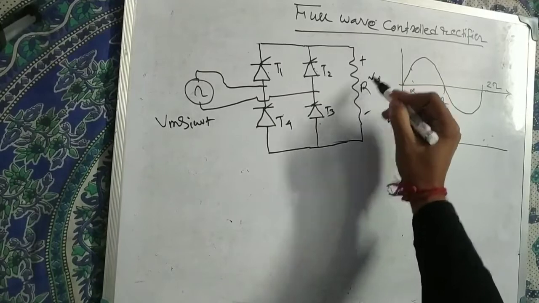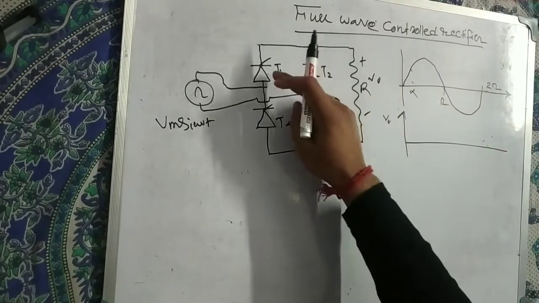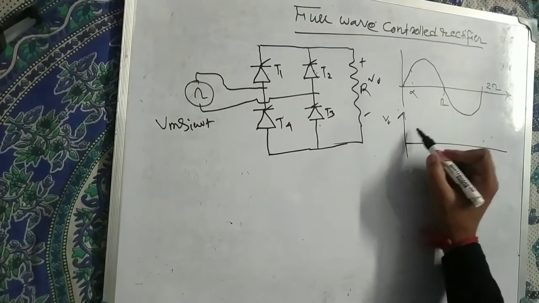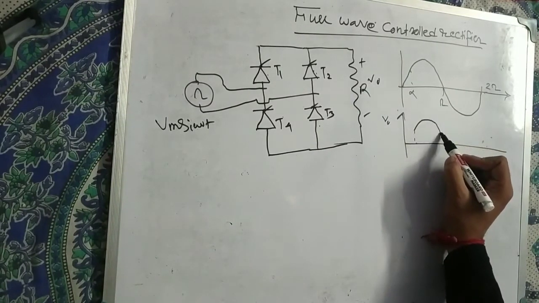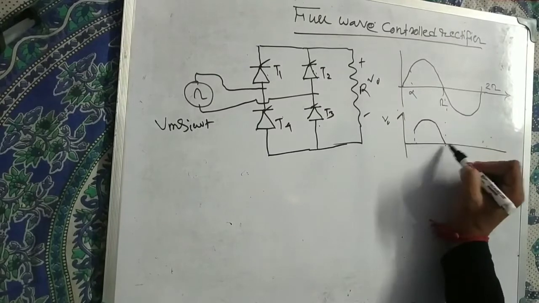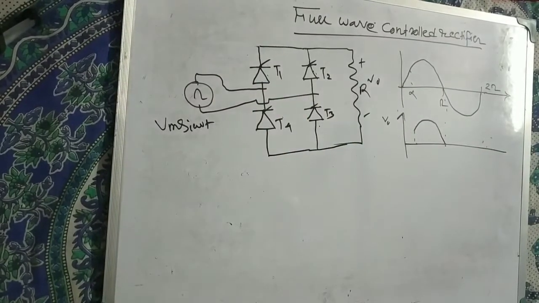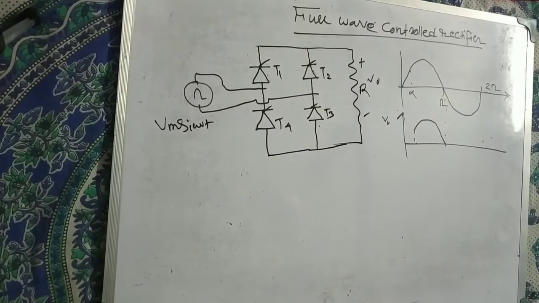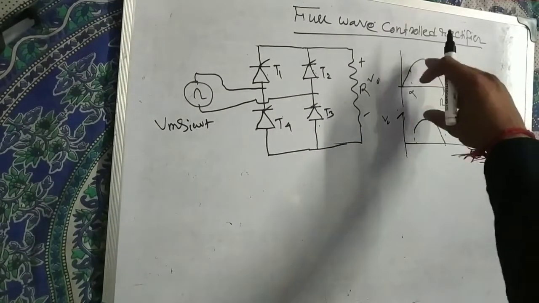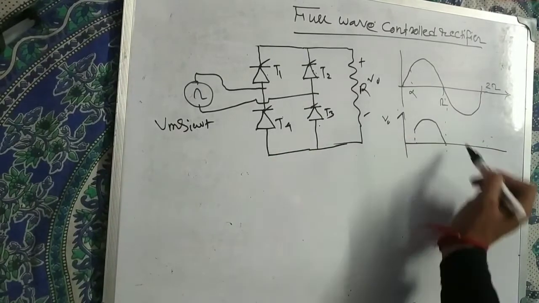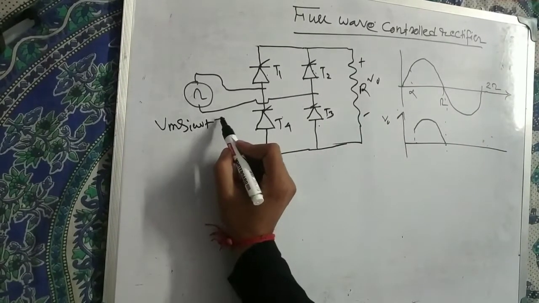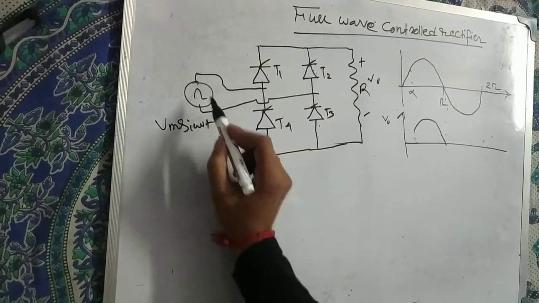So at alpha angle T1 and T3 are triggered, and the output voltage will be equal to the input, because we are assuming the thyristor voltage drop in forward bias condition is 0. Now, what happens in the negative half cycle? This end is positive and this end is negative.